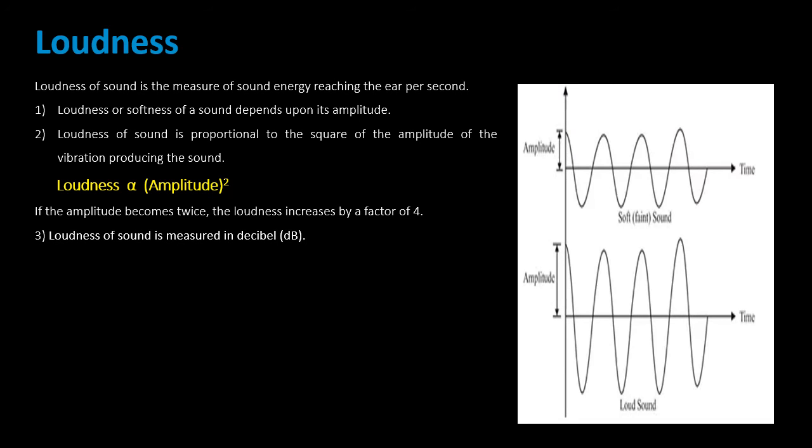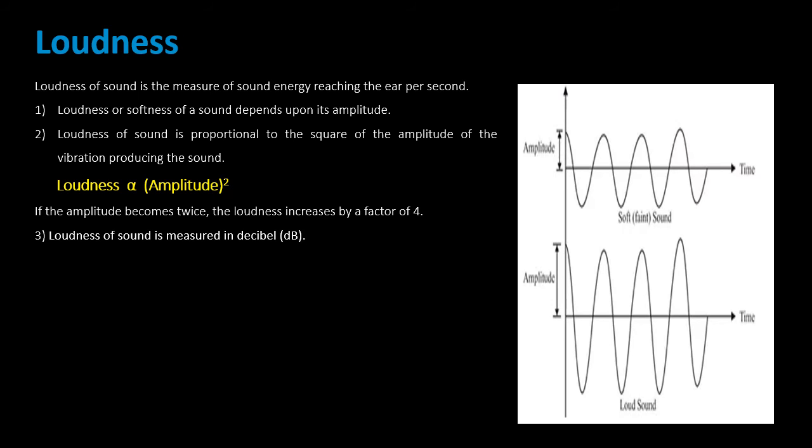Now, talking about the second characteristic of sound, that is loudness. Loudness of sound is the measure of sound energy reaching the ear per second. Loudness or softness of a sound depends upon its amplitude. Loudness of sound is proportional to the square of the amplitude of the vibration producing the sound.